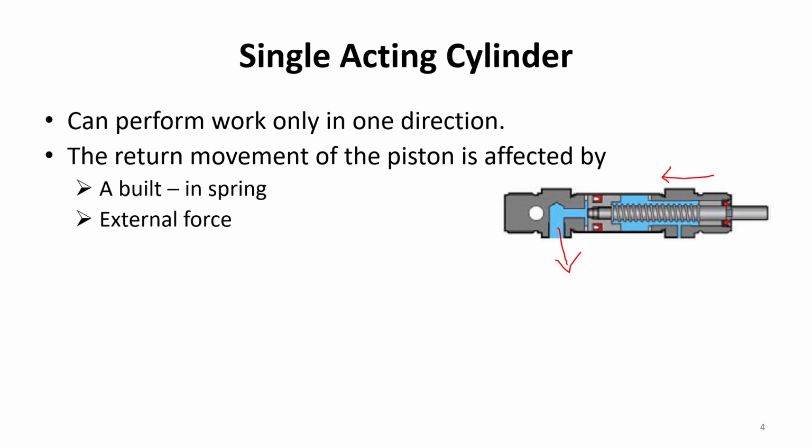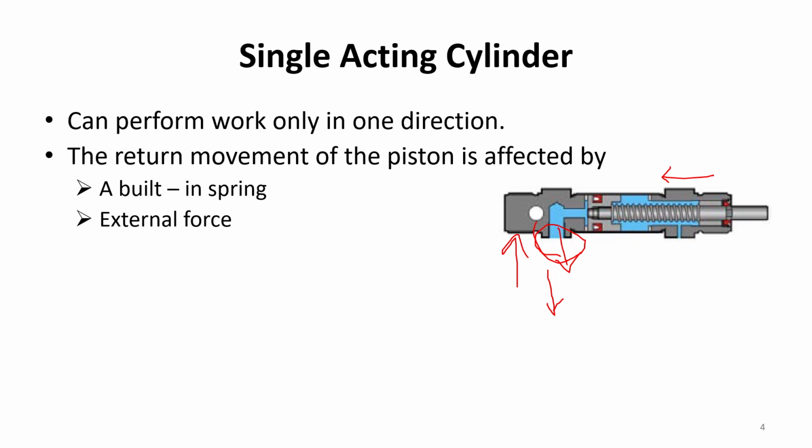When it expands, it pushes out the air present in the cap end out of the cap end port, and thereby this single port of the cylinder will act both as an inlet for the air during the extension stroke and an outlet for the air during the retraction stroke.